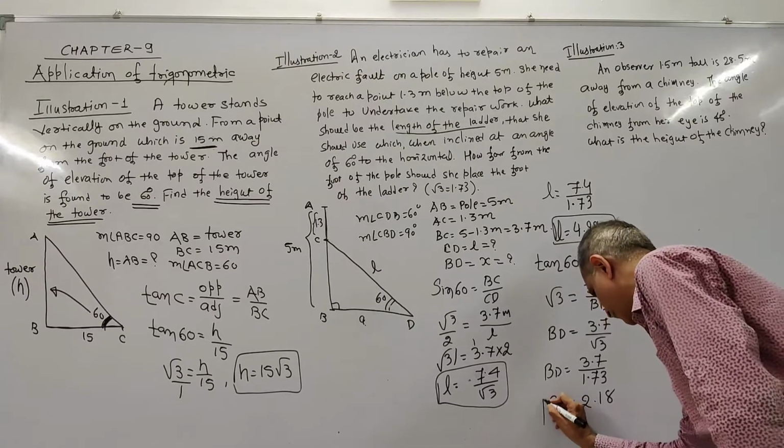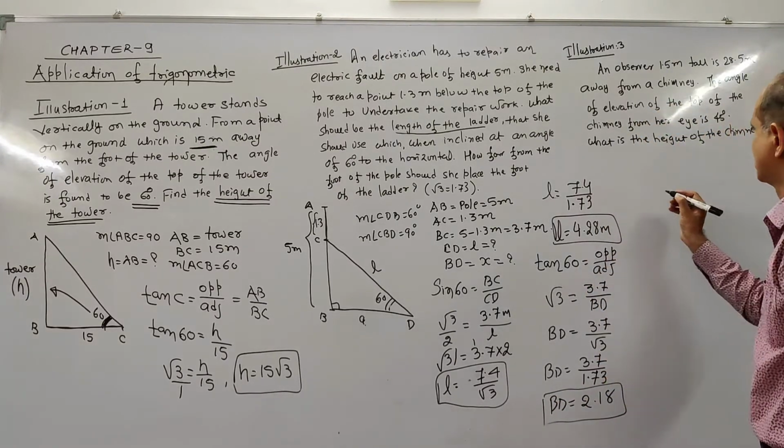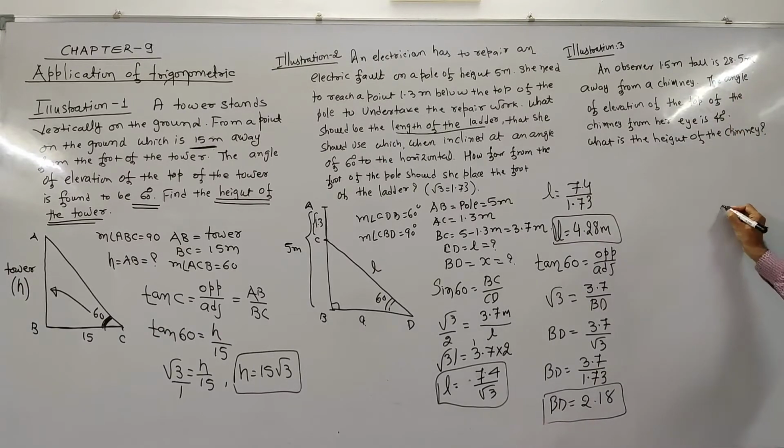That is your BD. You can write it in this way: 3.7 upon 1.73 means 37 by 10 multiplied by 100 upon 173. 10 cancels out, so 370 upon 173.